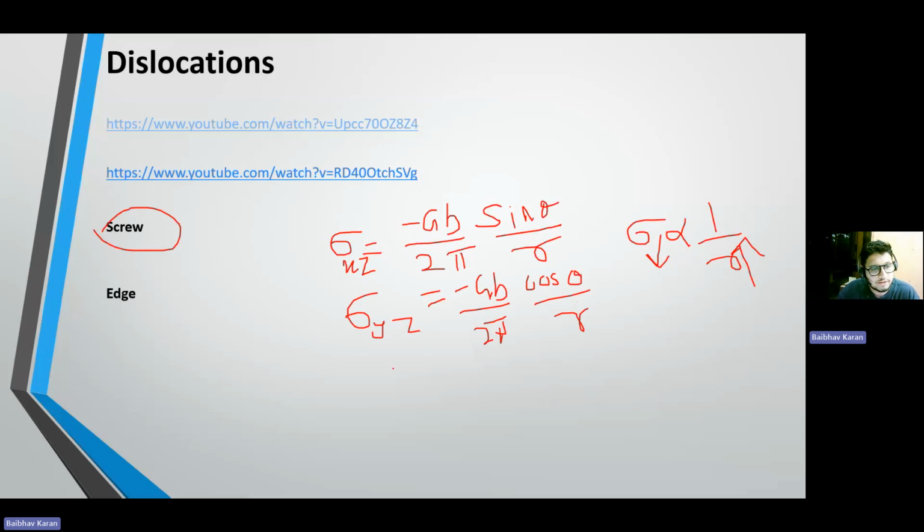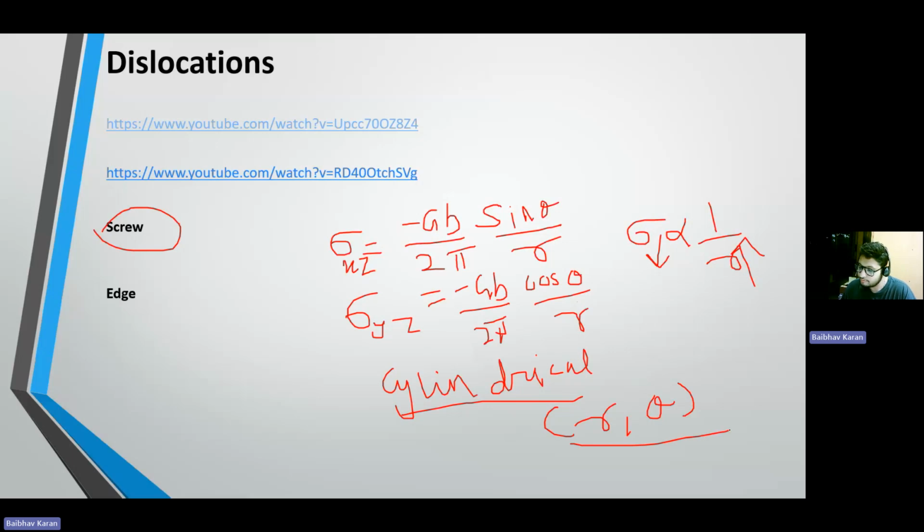You remember about cylindrical coordinate systems? In cylindrical coordinate systems, we define everything by r and theta. The stress field, the strain field, anything we are discussing, we'll be defining from the r and theta value.